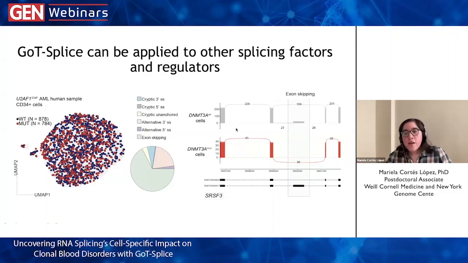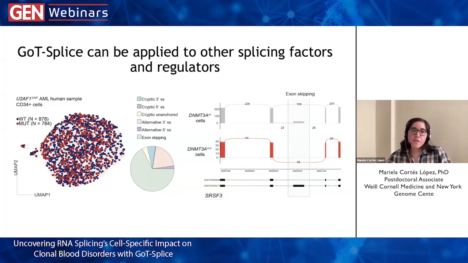And on the other hand, when looking at a different gene, which is not directly associated with the process of splicing, but rather an epigenetic regulator, DNMT3A, we observe that we were also able to recapitulate specific splicing changes, in this case SRSF3, which is also a splicing factor.